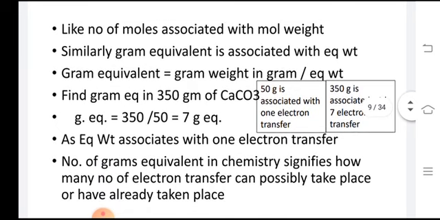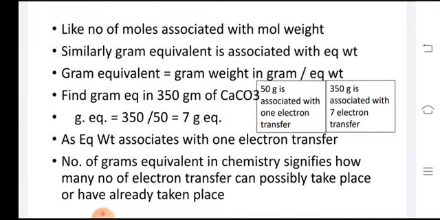So as equivalent weight associates with one electron transfer, the number of gram equivalents in chemistry signifies how many electron transfers can possibly take place or have already taken place. Now I will require you to consider how to differentiate both of them.